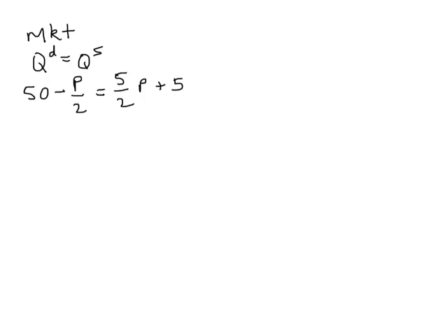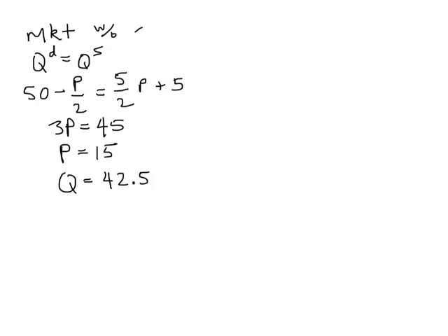What buyers pay is the same as what sellers receive. I subtract 5 from both sides. I add P over 2 to both sides. 3P equals 45. P is equal to 15. And I can plug 15 back into either function to get Q is equal to 42.5. That was the without subsidy case.